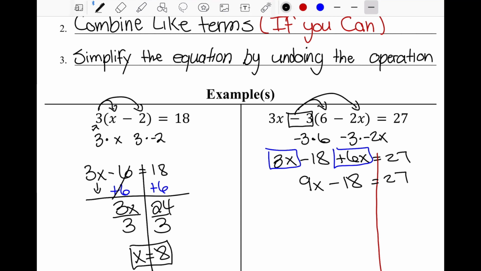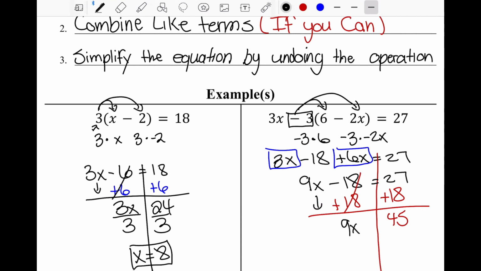Distributive property is taken care of, so now I work with undoing the operations that are given. I look for my constant first, negative 18, so that means I have to add 18. If I add 18 on both sides, the 18s go away. 27 plus 18 gives me 45, and I can bring down my 9x.